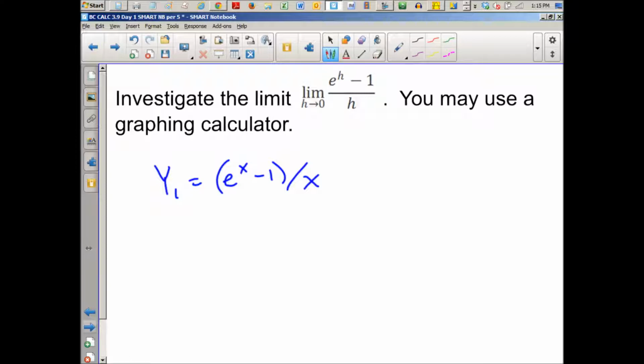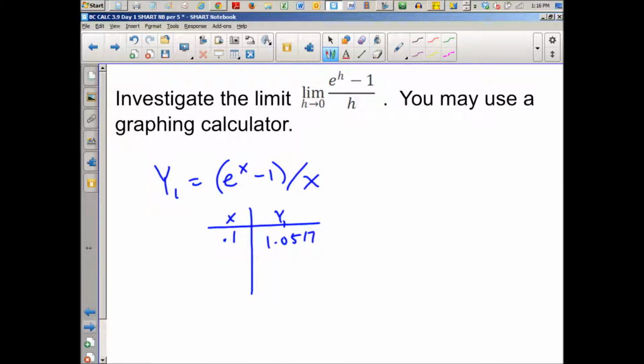Okay, you might want to zoom out once. Okay, so if you look in your table, right? So I'm going to set the table on my calculator here. If you plug in 0.1, when x is 0.1, this comes out to 1.0517.